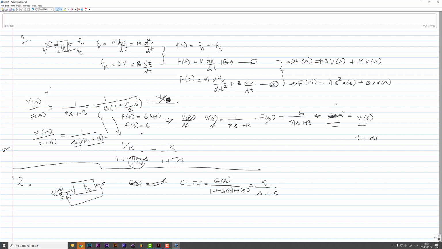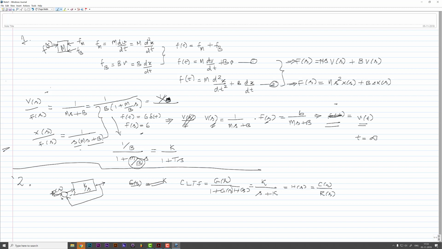Now this is your transfer function. Maybe you can call it h of s, with the input given as r of s and the output c of s, so h of s is c of s by r of s.